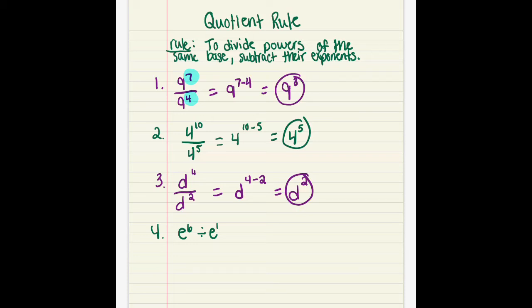We have two different ways we can show division. We can either write it like a big fraction, or we can use the divided by sign. So here we're using the divided by sign. Our like base is e, and we are going to subtract the first exponent, which is 6, minus the second exponent, which is 1. So our answer will be e to the 6 minus 1, which is e to the 5th.